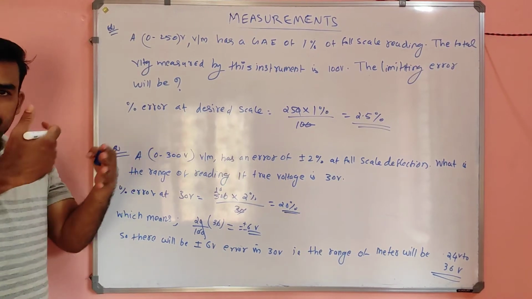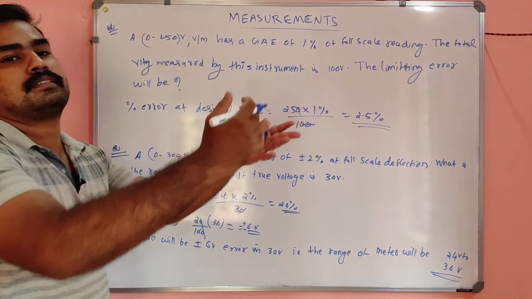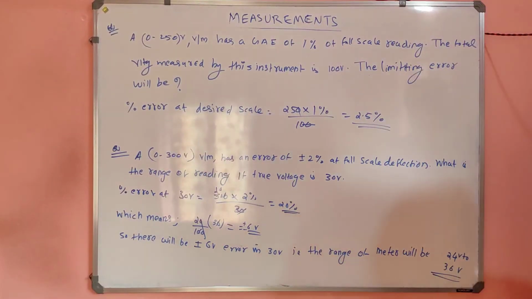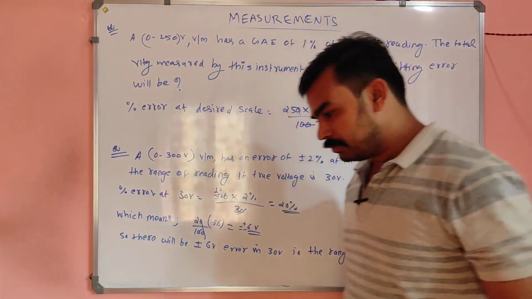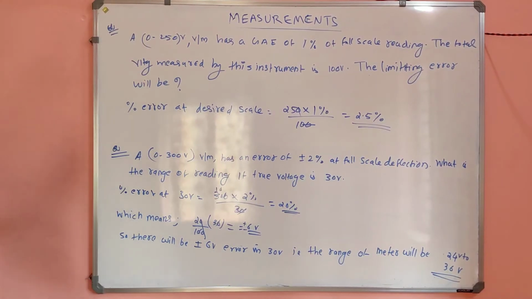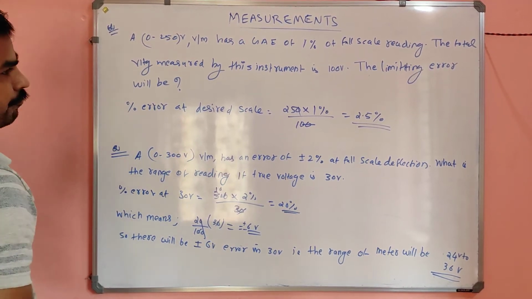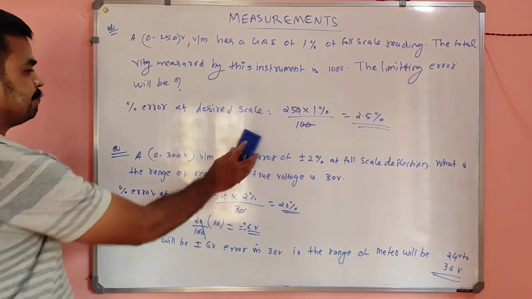So 30 minus 6, 24, 30 plus 6, 36. That's all. Is it clear?